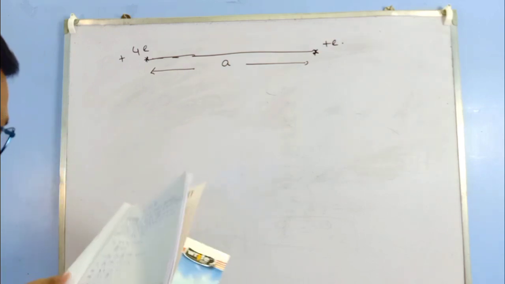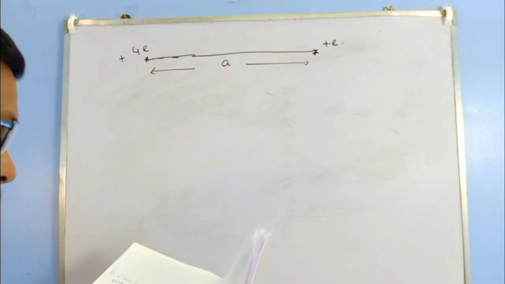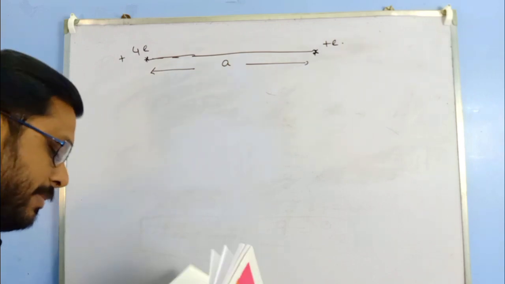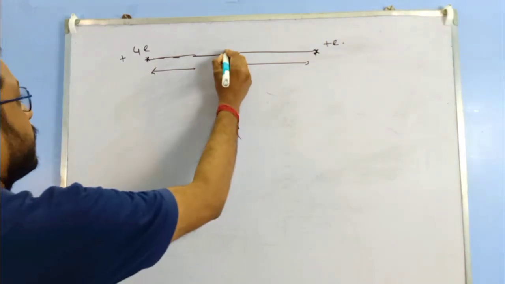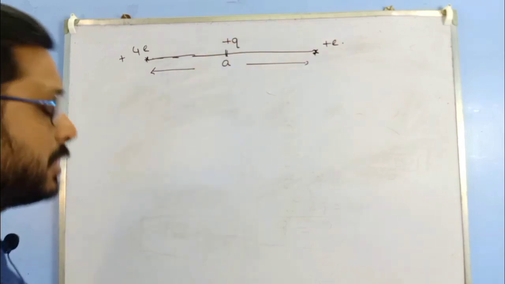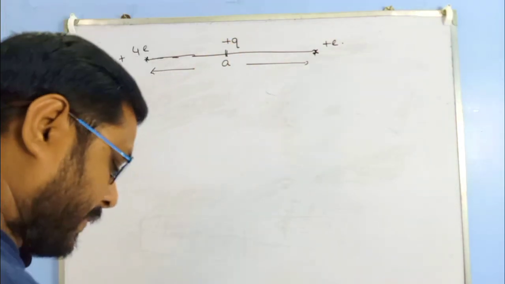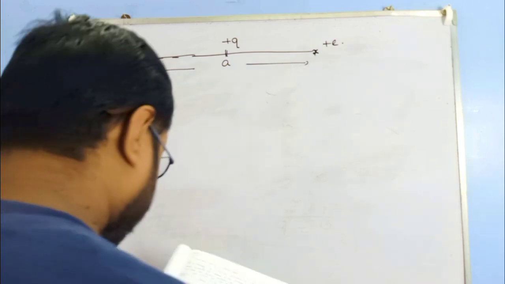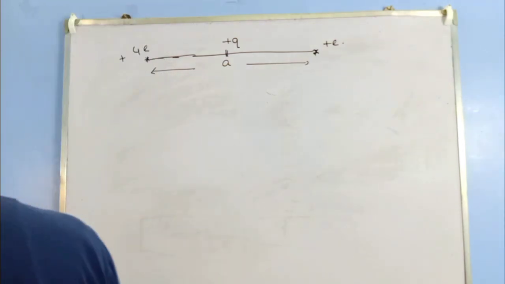Where should a third point charge Q be placed on the line joining the two charges so that it may be in equilibrium?